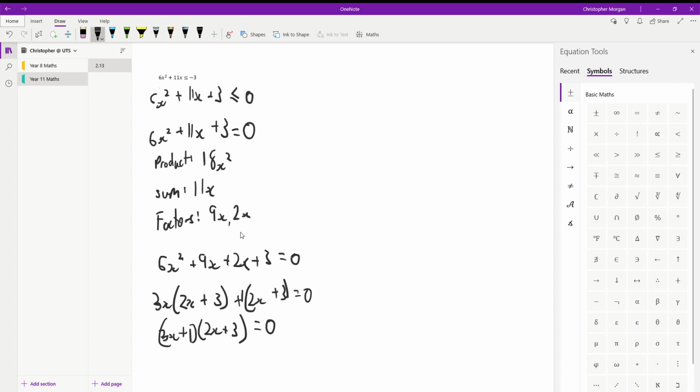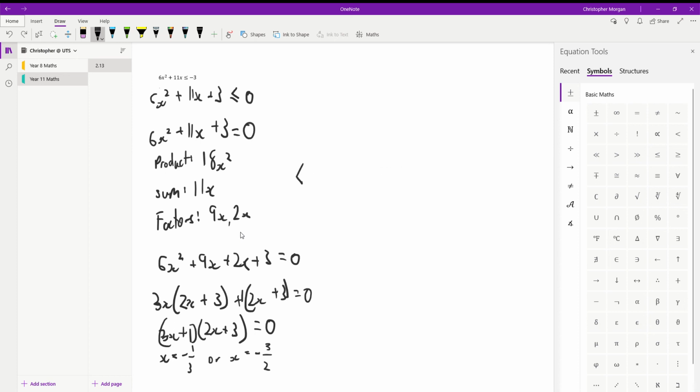Now that we have this, we can solve for x individually. So this gives a solution of x is equal to -1/3, or x is equal to -3/2.